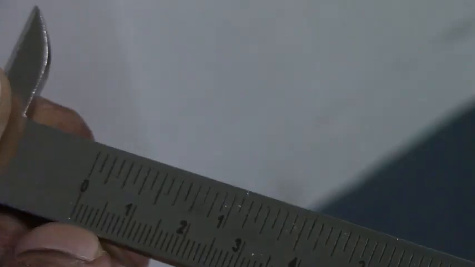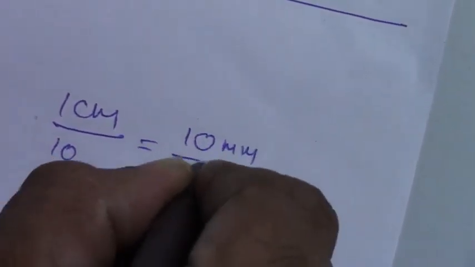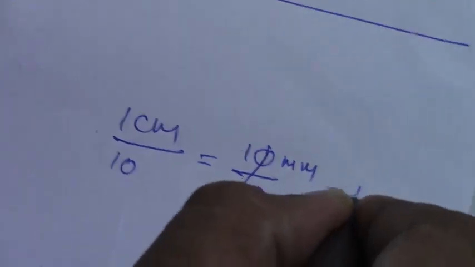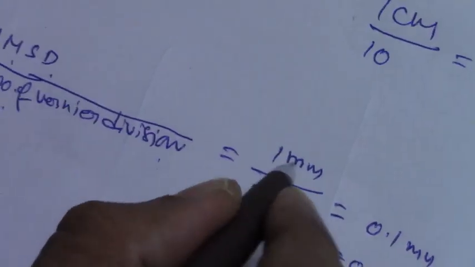This 10 mm is divided by 10 lines, which means 10 divided by 10 is equal to 1 mm. So 1 main scale division is equal to 1 mm.